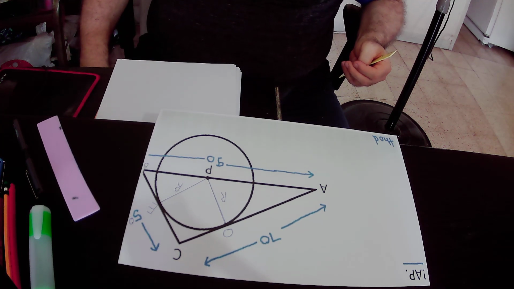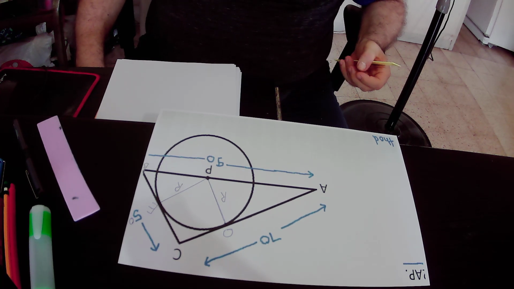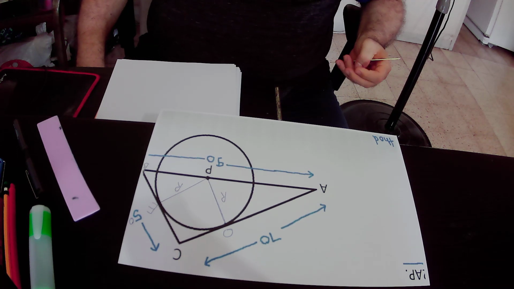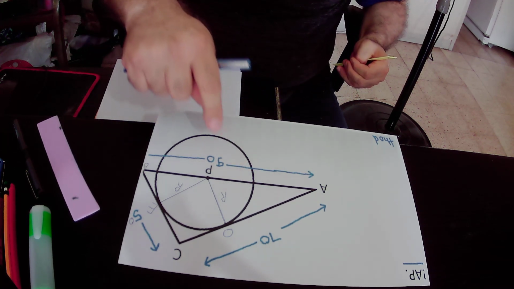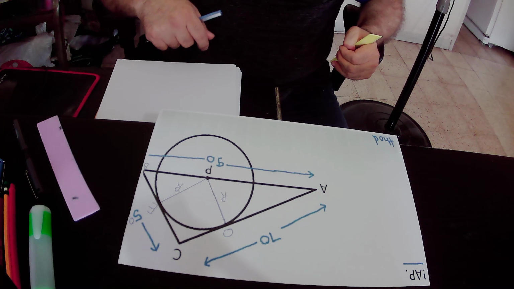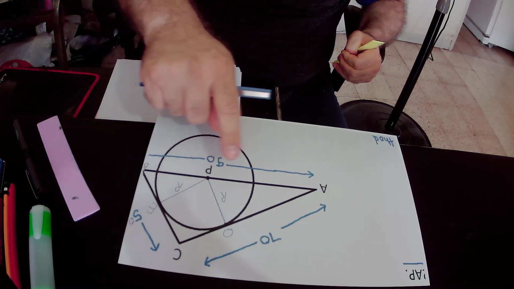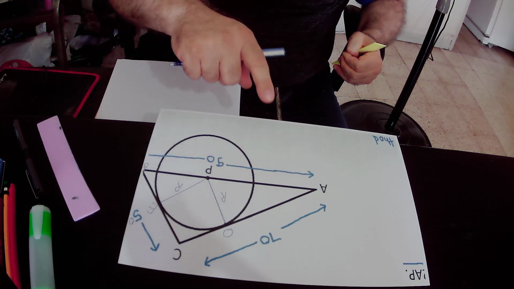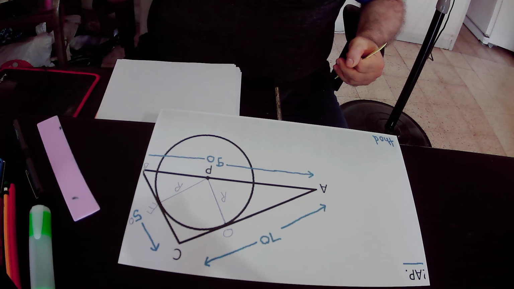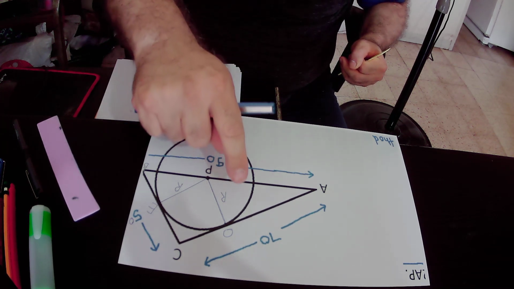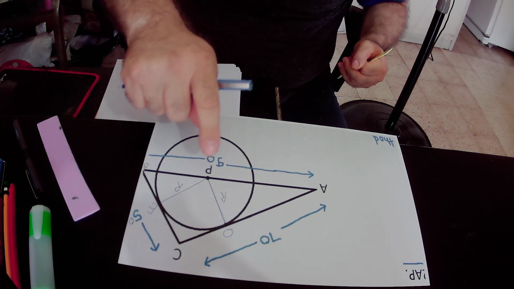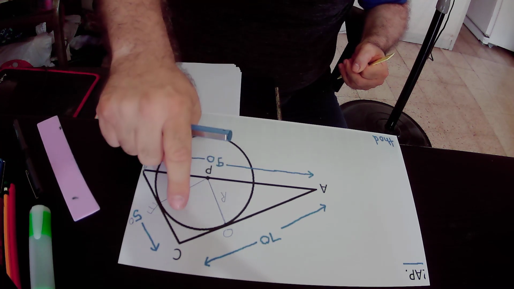Okay, now we have a rule that states that in any circle the radius and the tangent are perpendicular to each other. So PO is perpendicular to CA.